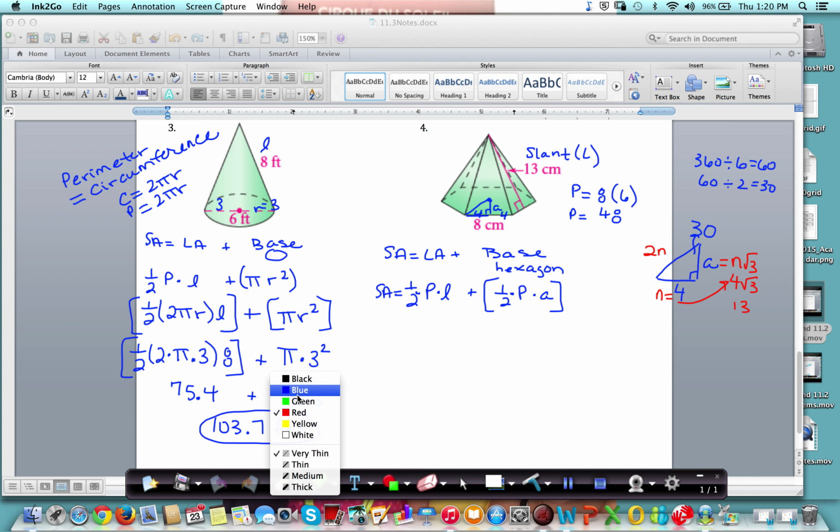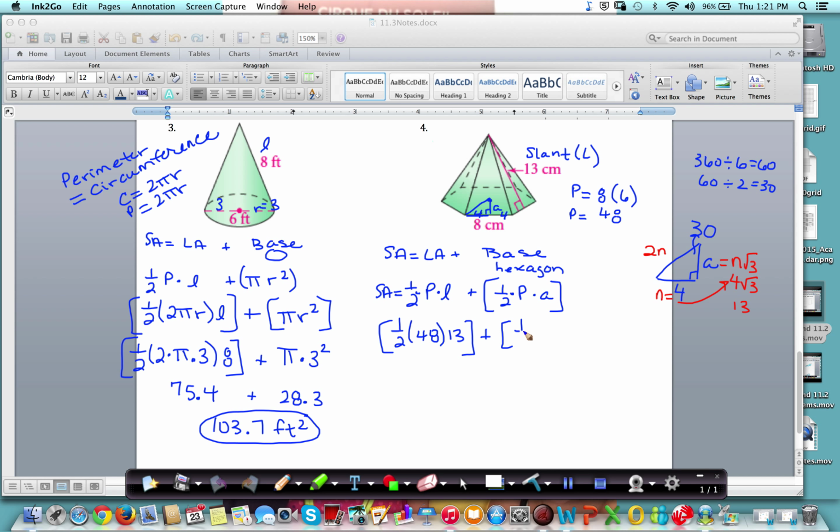So let's go ahead and calculate. So I have 1/2 times the perimeter 48 times my slant of 13 plus 1/2 my perimeter times my apothem. Oh, sorry, my apothem is not 13, it's 6.9. I was looking in the wrong place. My slant was 13.